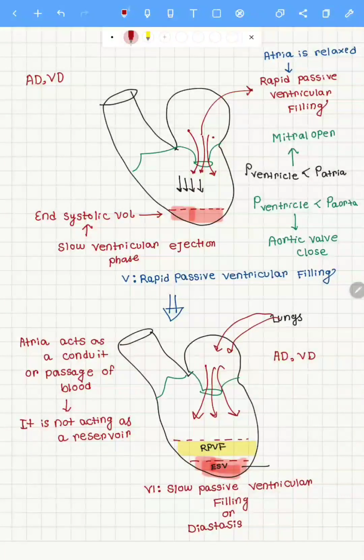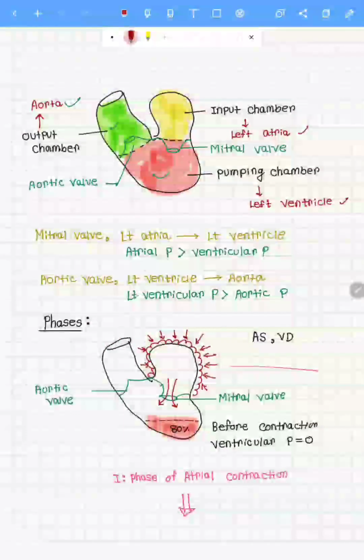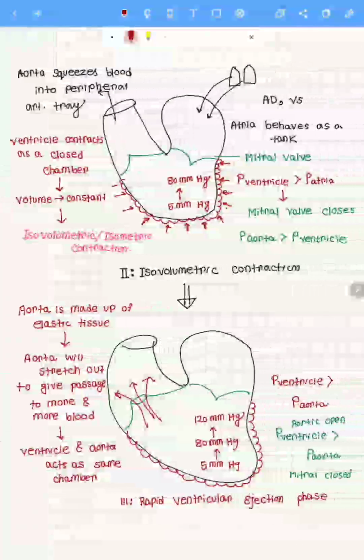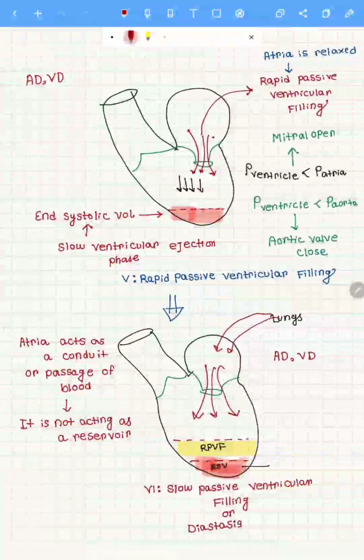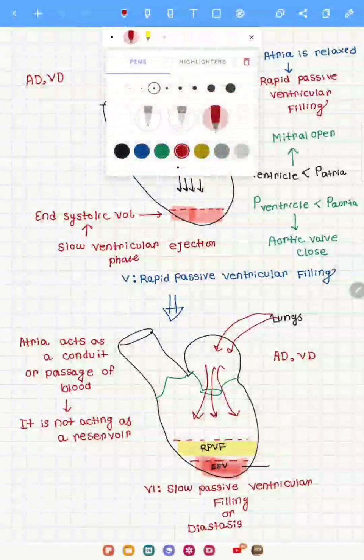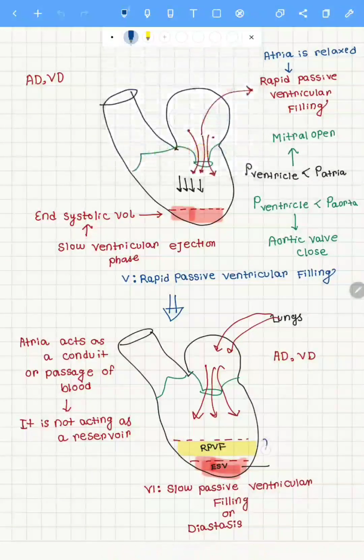So after this phase, again the first phase comes up. In the first phase, we saw that 80% of the blood was already filled up. So that 80% comprises the end systolic volume and rapid passive ventricular filling. These two make up that 80% of blood.